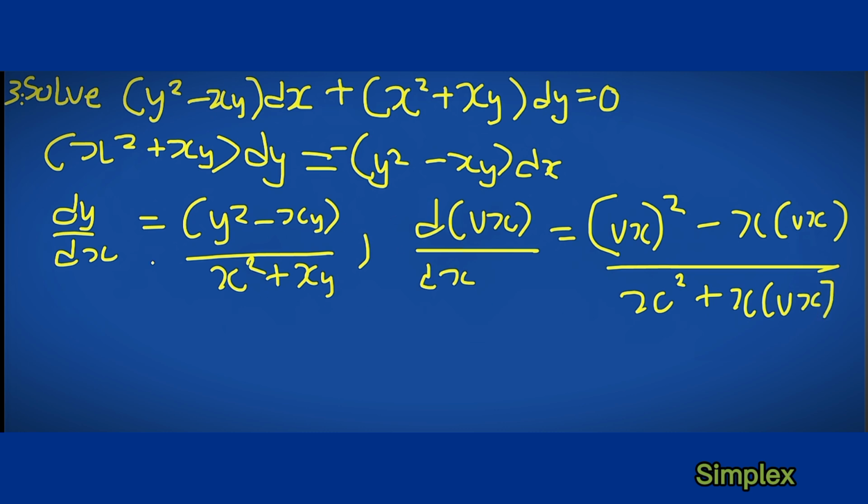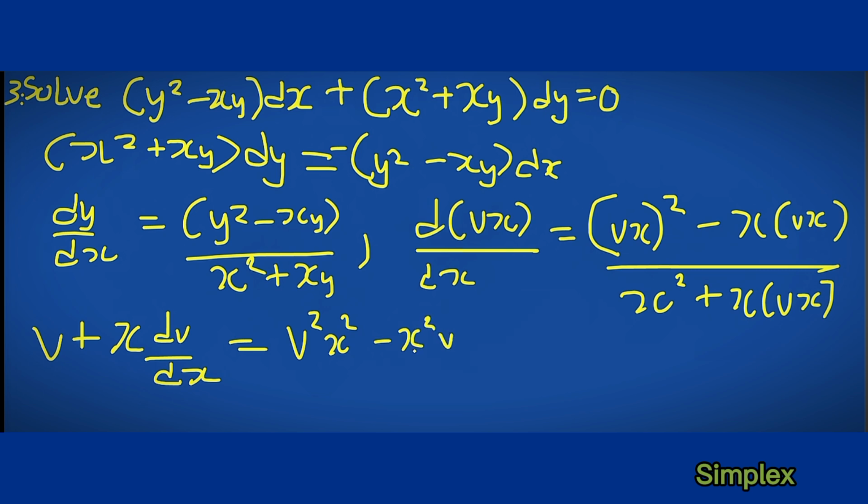Differentiating this with the product rule, we have v plus x dv/dx is equal to (v squared x squared minus x squared v) over (x squared plus x squared v).